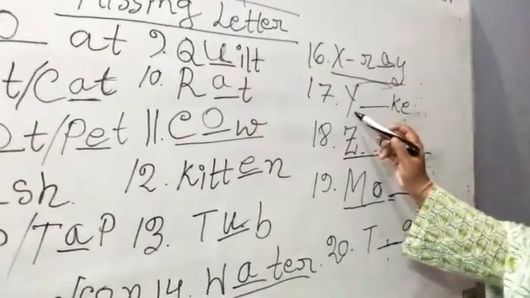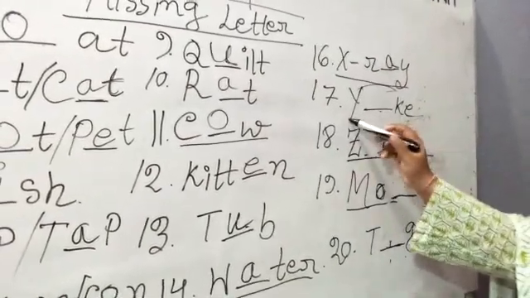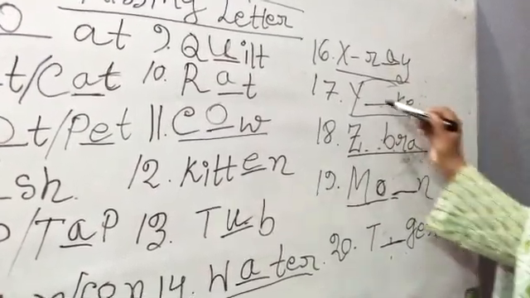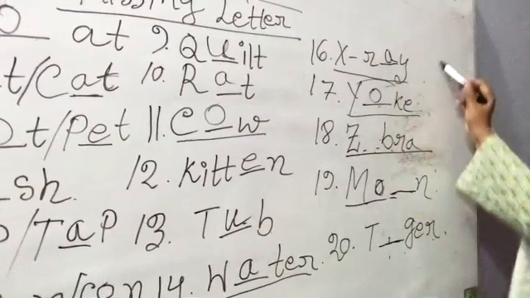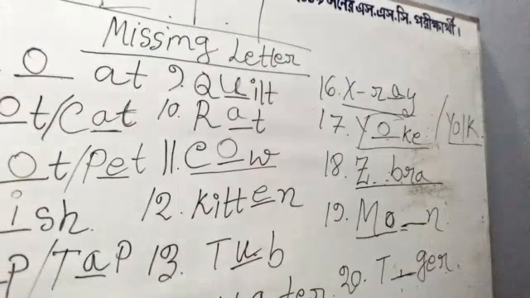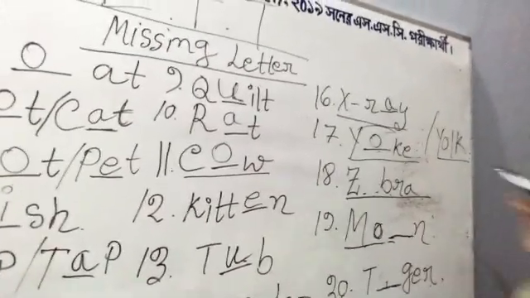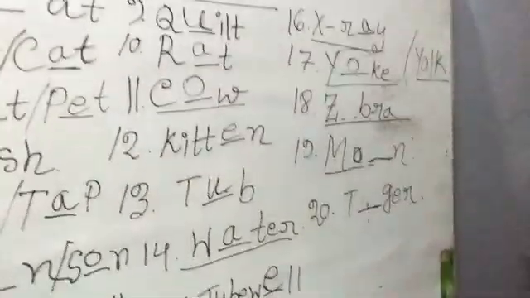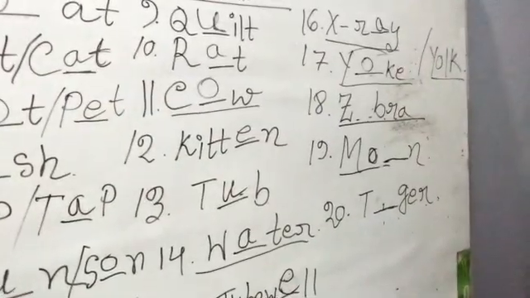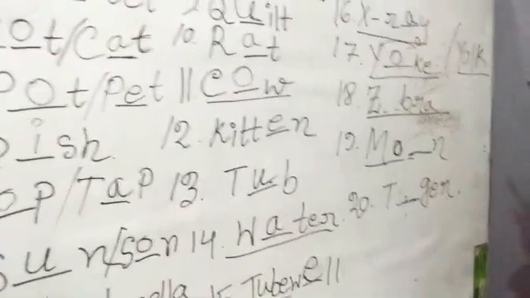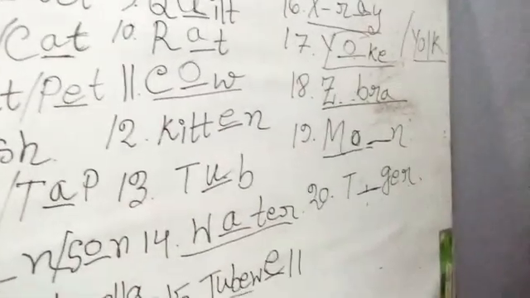Then Y dash K E. It's a new one for you. If I put O here, it becomes yoke. It's not yolk, the one you read about earlier. Yoke means a piece of crossed wood that is used over the necks of two animals, basically for cultivation.